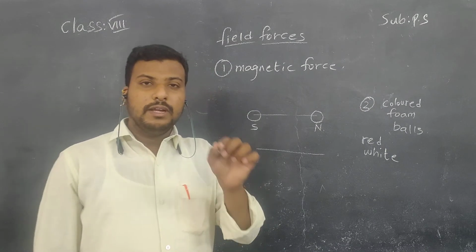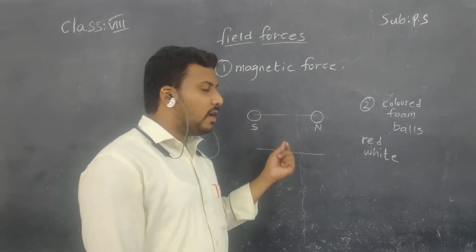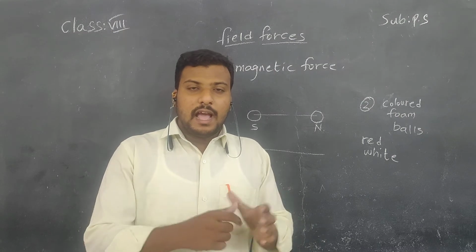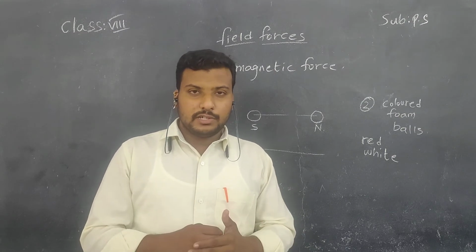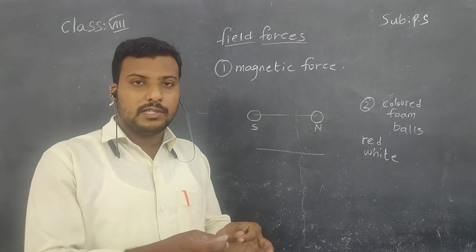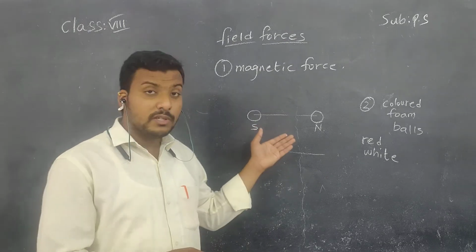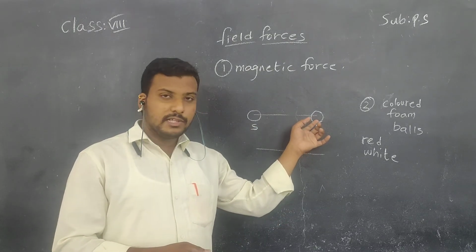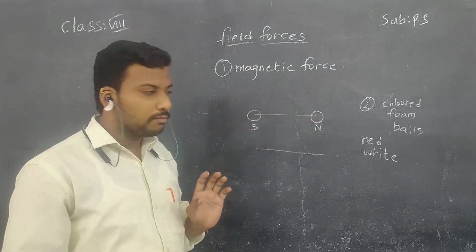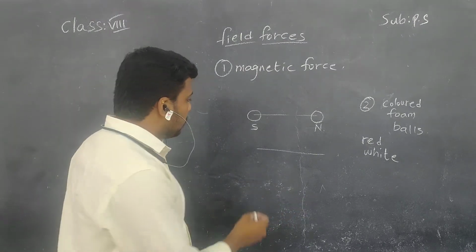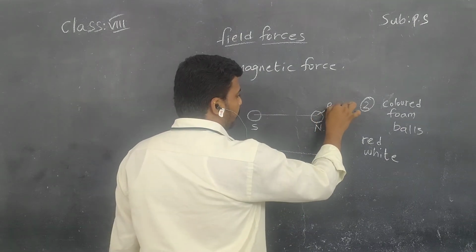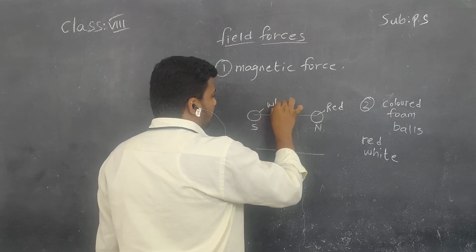Because when you induce a magnetic field on any iron object, it acts in the north-south direction. If we bring a compass near it, we can see that this direction acts as a north and this direction acts as a south. The same applies here. This is red and this is white.